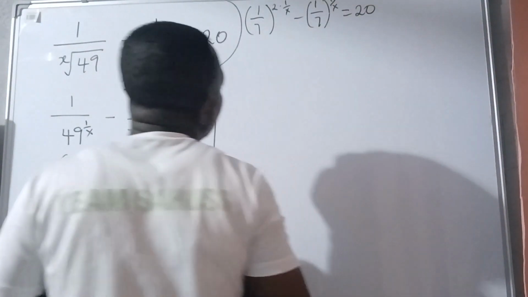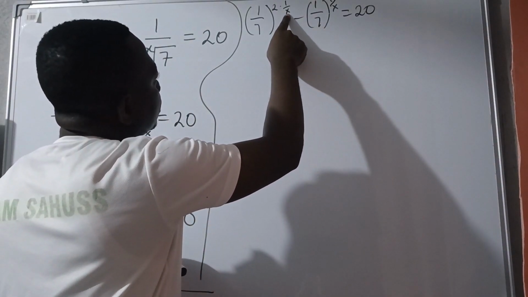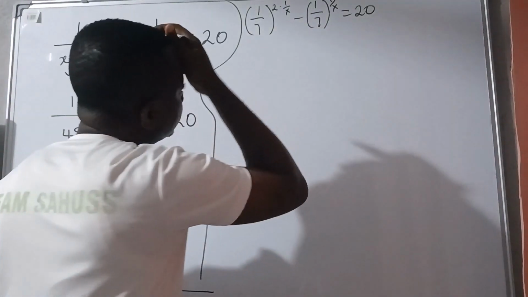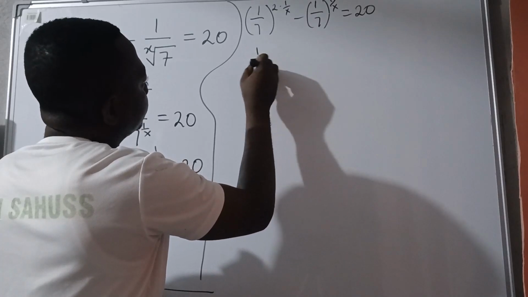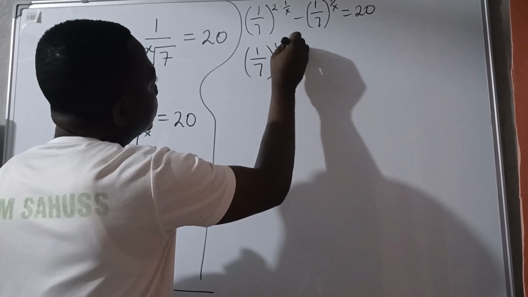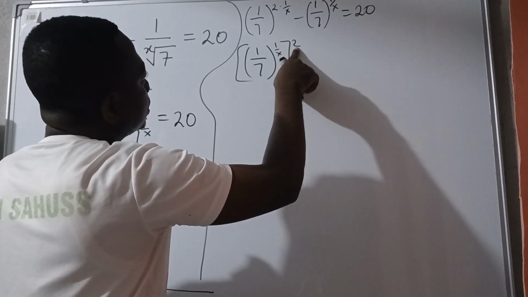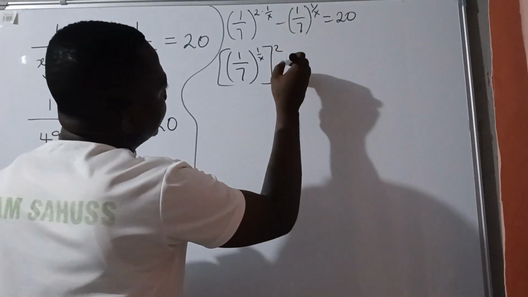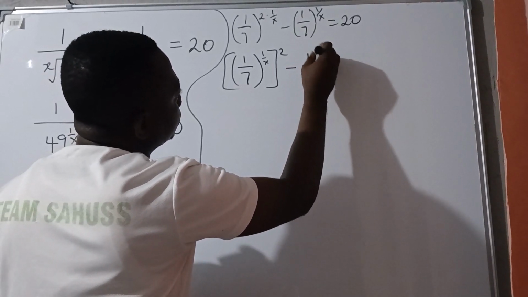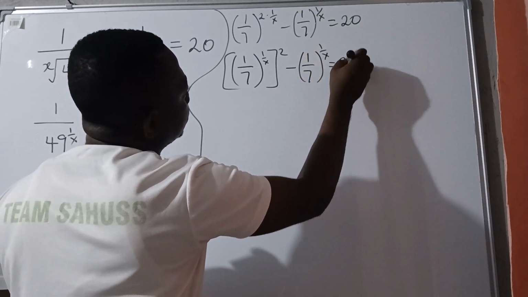Now there is something in common here: 1 over 7 raised to 1 over x, 1 over 7 raised to 1 over x. So we can rewrite this one as 1 over 7 raised to 1 over x, all squared, the 2 here, and going back, 2 times this, we get this, minus 1 on 7 raised to 1 on x equals to 20.